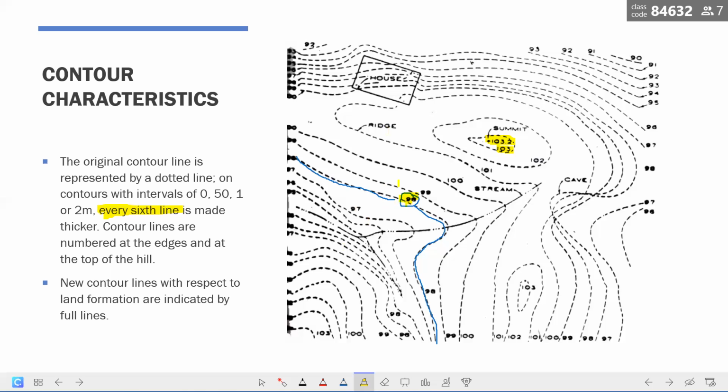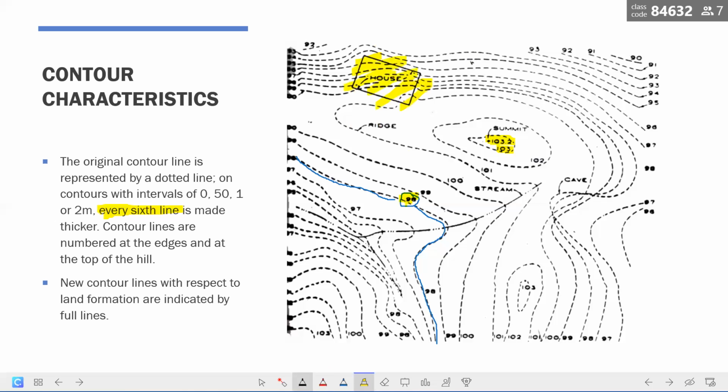Now, if you modify or introduce a new element to your site, for example, in this case, a house over here at the upper corner of this illustration, then structures or any newly introduced elements must be indicated by full solid lines, like so.